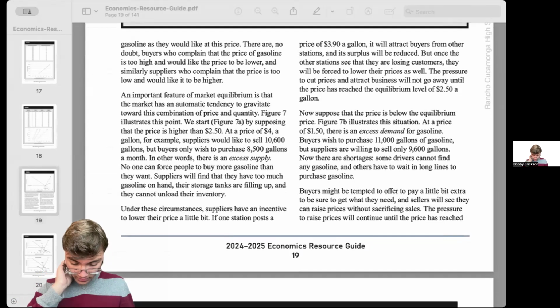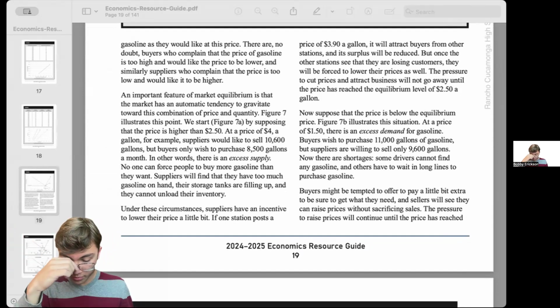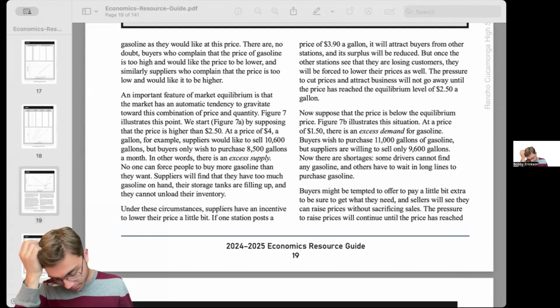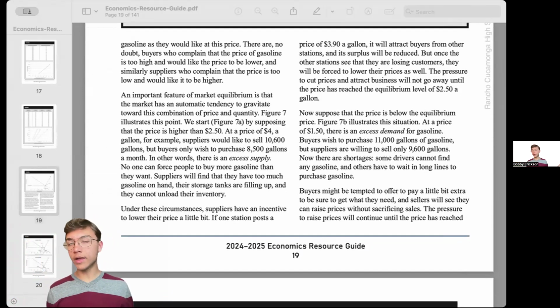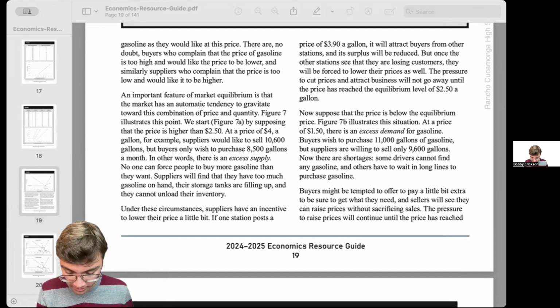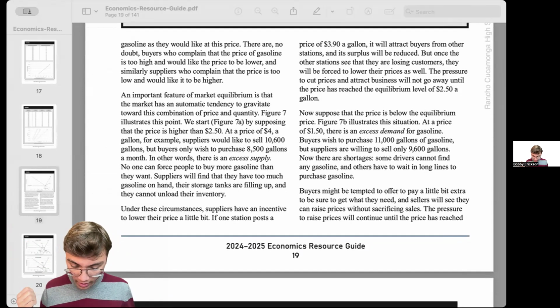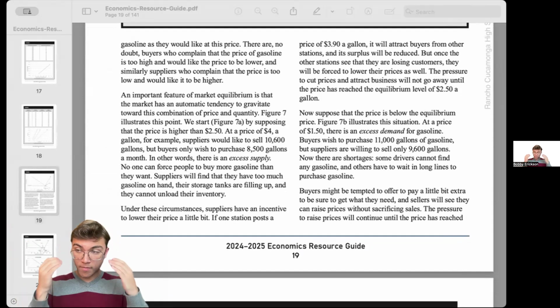And so we can see that if a station then decides, oh, let's put a lower price, then the buyers will see, oh, okay, wait a minute, we're going to go to this new gas station because it has cheaper prices. And so they're choosing to make a lower price, but they're going to gain more customers.